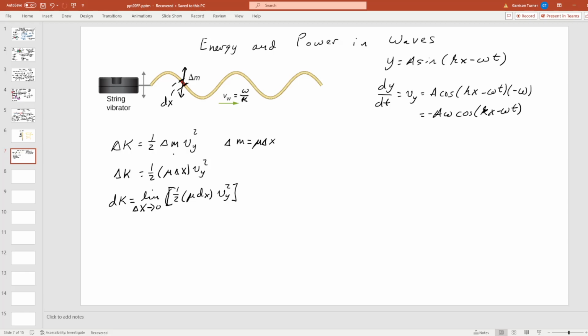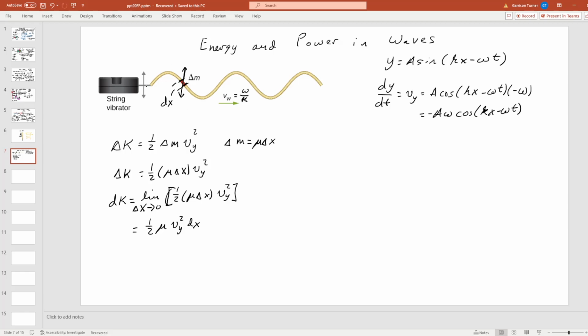I'm being sloppy mathematically. This is still delta, and when we apply the limit, this becomes your differential. Now we have an expression that we can integrate.